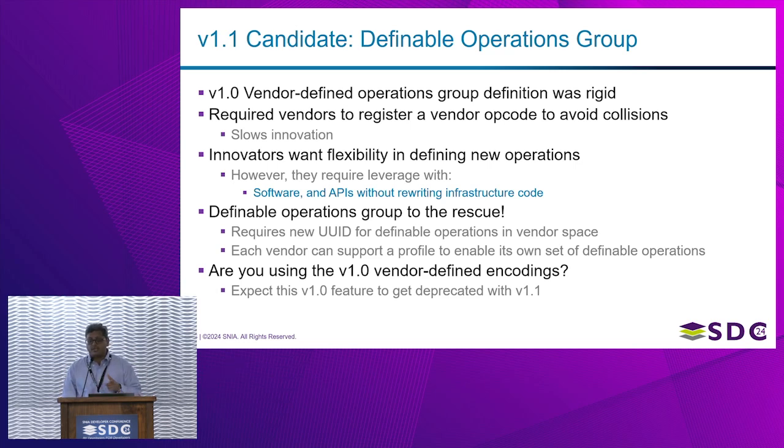So if you are a vendor who is implementing 1.0 vendor-defined encodings, that part may get deprecated. We did a casual survey around this, and we haven't found specific concerns around that yet.